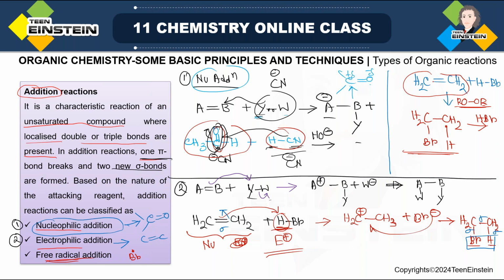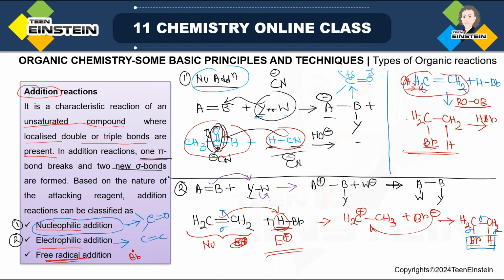When you take an asymmetric molecule, where both sides do not have the same substituents, then you will be able to understand the difference. Ethylene is symmetrical. Suppose you take some asymmetric alkene, suppose instead of CH2 there is CH3, CH double bond CH2, then you will be able to understand.